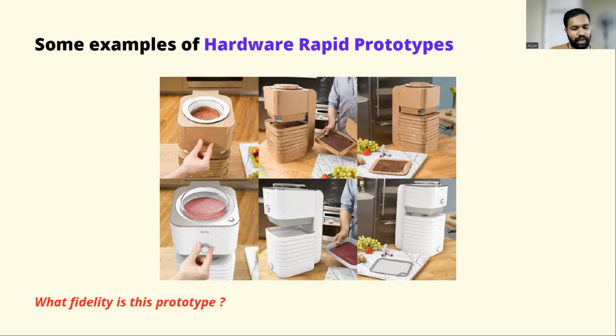If you want to validate the appearance and the size of the product, then you just do a low fidelity prototype. You go to your end customer and show them this model. You ask them whether they are okay with the size, where they are going to place this product, and what the space constraint is over there, and quickly validate these things.